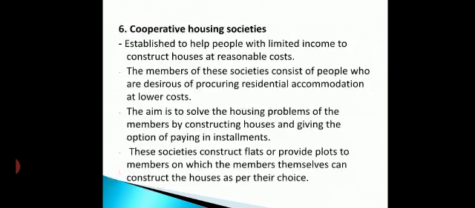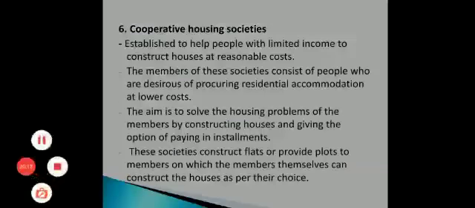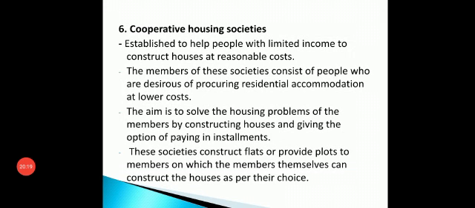Here the cooperative society also helps the members to clear certain procedures for constructing the house. They need to get NOCs, and they have to get permission from many authorities or from the municipal corporation. So such cooperative housing societies help the members to clear formalities and have their own dream house.